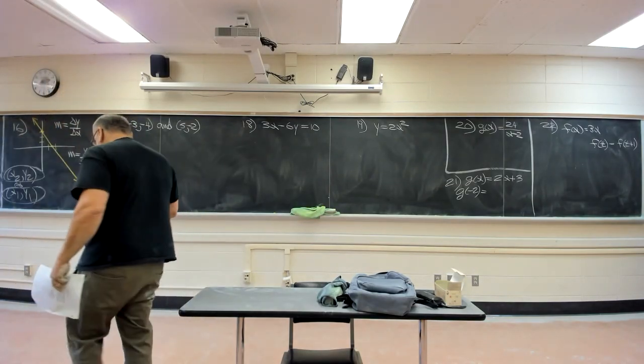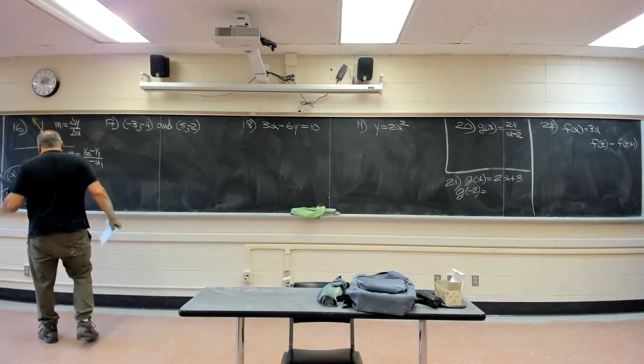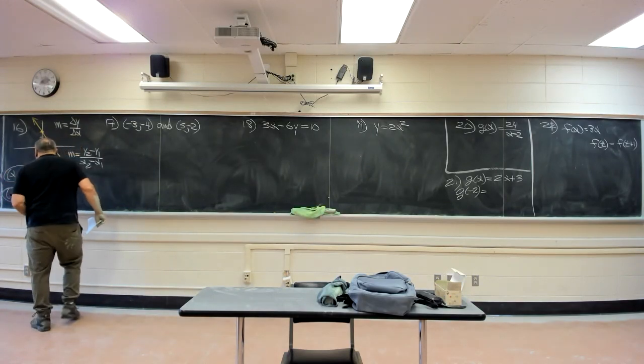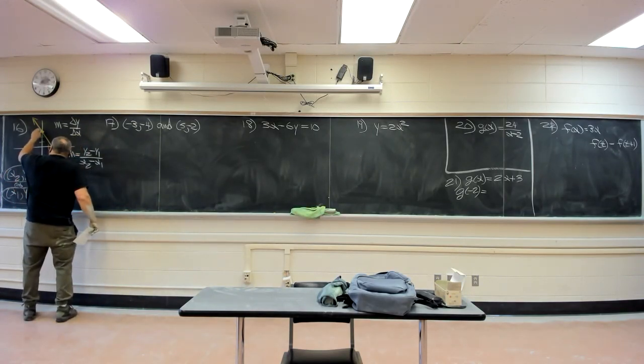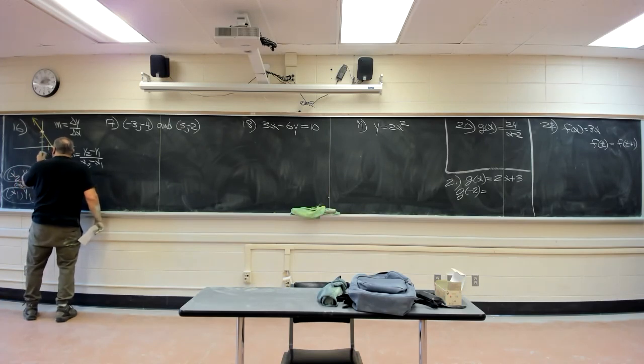You can choose whatever way you want to talk about it, but let's talk about it now. This is the y-intercept. This is the x-intercept. The x-intercept is a location, a number, 1.5 or 3/2, at a height of 0.